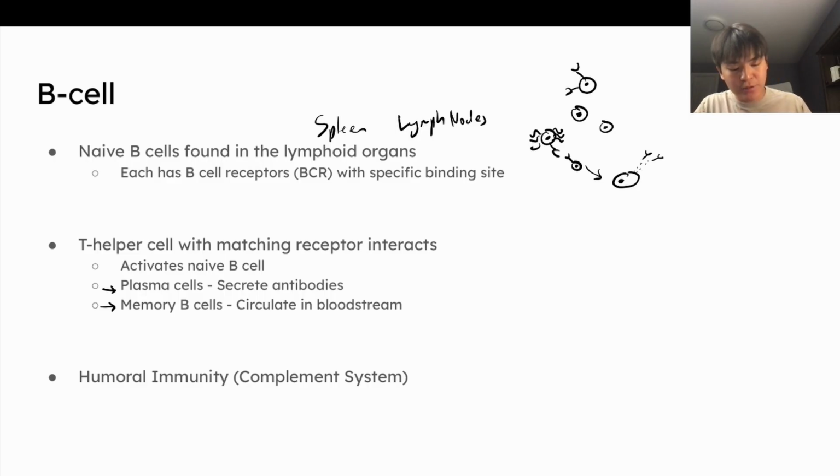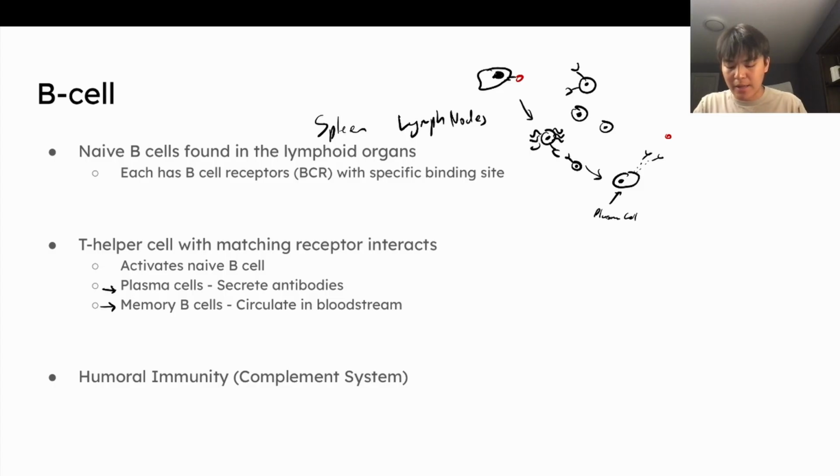That will bind to the antigen that this T helper cell was originally primed for by the macrophage. Remember, the macrophage presented this antigen, right? And then now we see this beautiful cycle where we end up with a plasma cell, where he secretes these antibodies to bind to these antigens, okay? We'll talk about what these antibodies actually do later on, right?